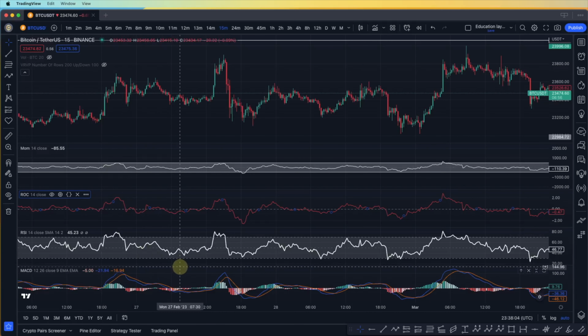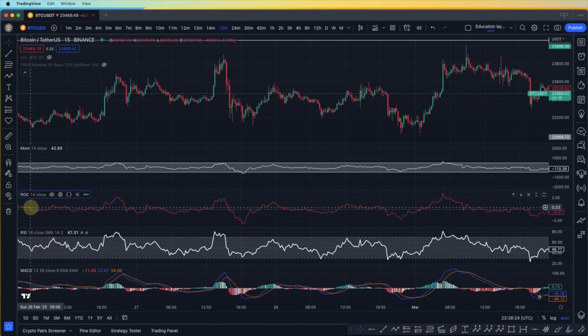We use it as a divergence, we use it as the power of the trend. That is completely wrong. You need to have only one oscillator, because most oscillators are pretty much the same, like RSI, MACD, ROC, momentum. You need to use them in the proper way.